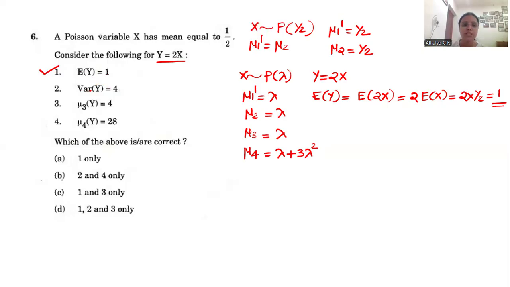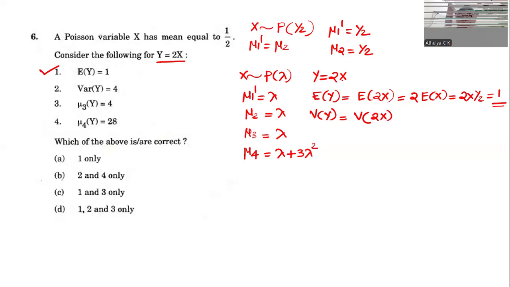The next step is to check whether the variance of y is equal to 4 or not. The variance of y is the variance of 2x, since y is equal to 2x.